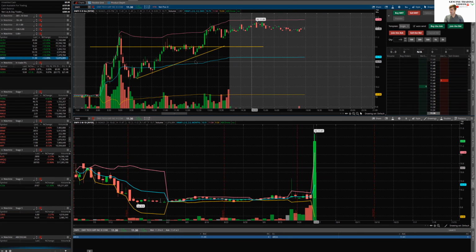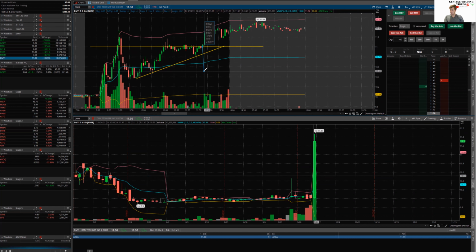So this one right here is a nice pop up, A, B, start to curl up and make new highs, with the range on this being what it is on the ABCD pattern. It is only a 5% risk from this area to here.